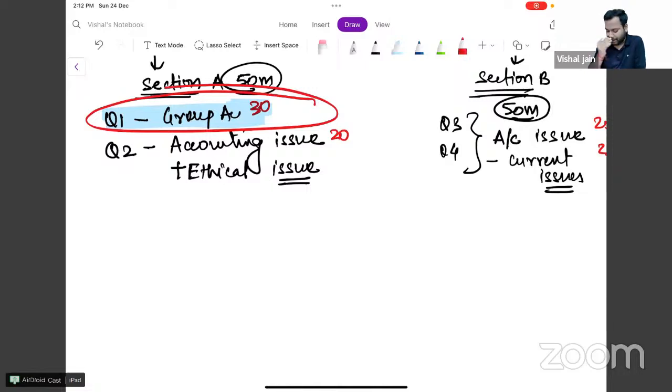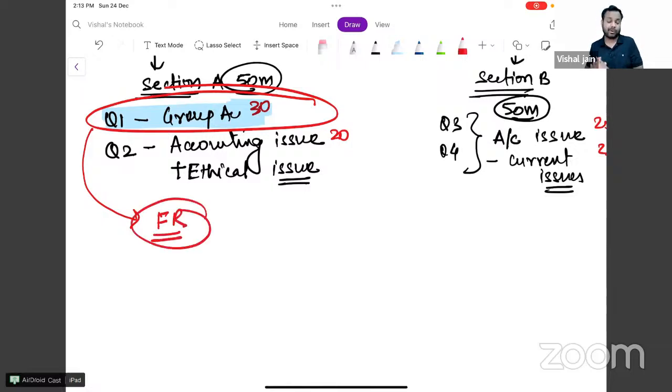So basically, if a student has appeared for the FR paper recently, well and good, no worries. But if a student has no recent understanding of the FR paper, we recommend you watch the FR session also for group accounting.